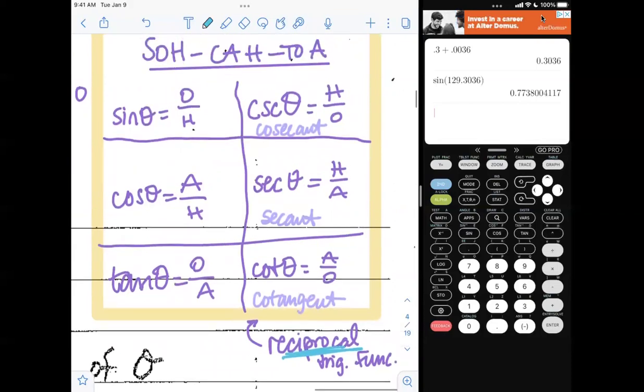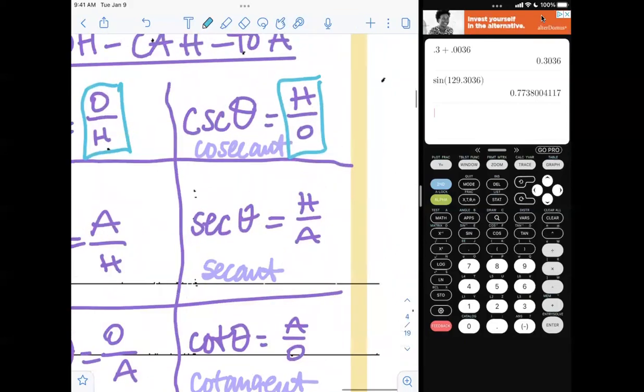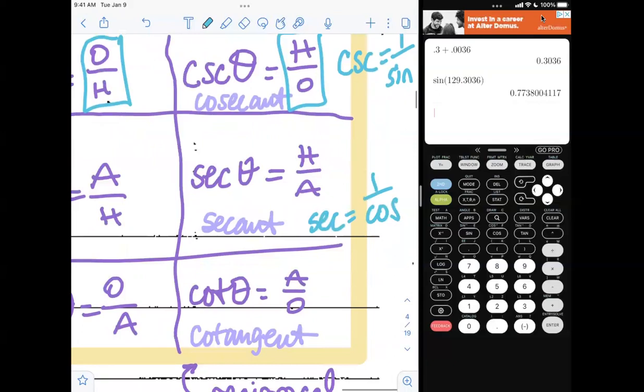Another way to think of it, so we flipped like the OH to make it HO. You can also think of this as cosecant being equal to 1 over sine. And secant is going to be the same as 1 over cosine. And cotangent is the same as 1 over tangent.